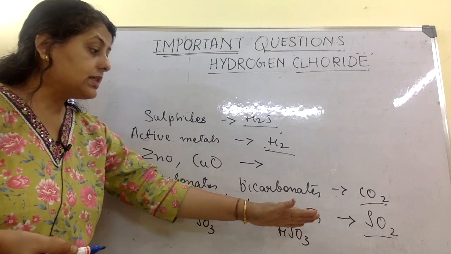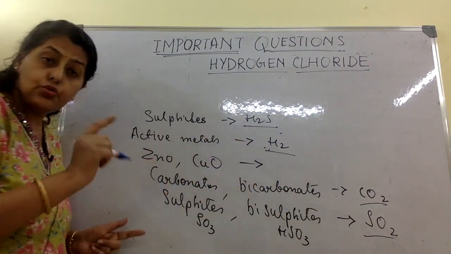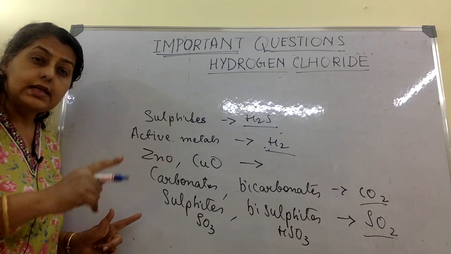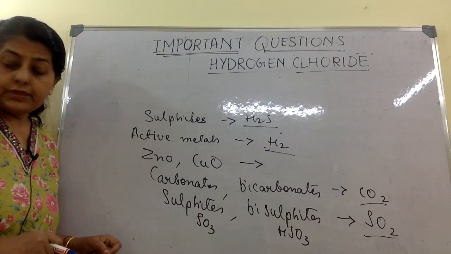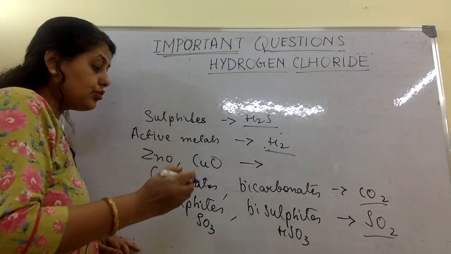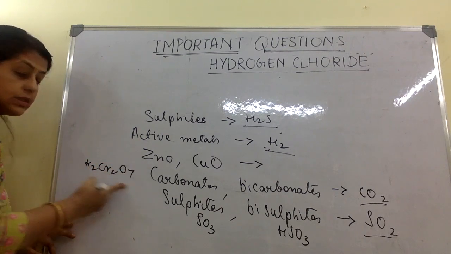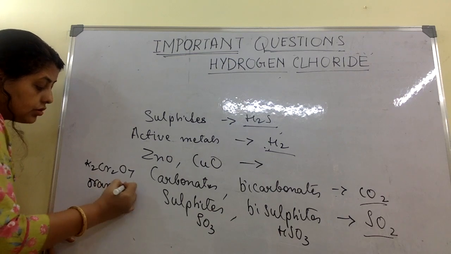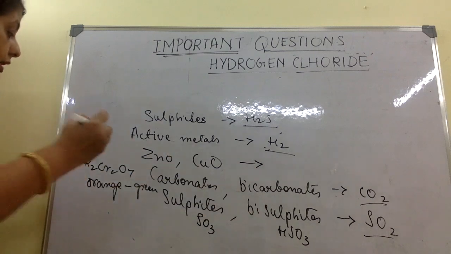Okay, come to sulfur dioxide. This also turns lime water milky, just like CO2. Then how do we differentiate? How do we understand whether the gas is SO2 or CO2? SO2 will turn K2Cr2O7, that is potassium dichromate, from orange to green.